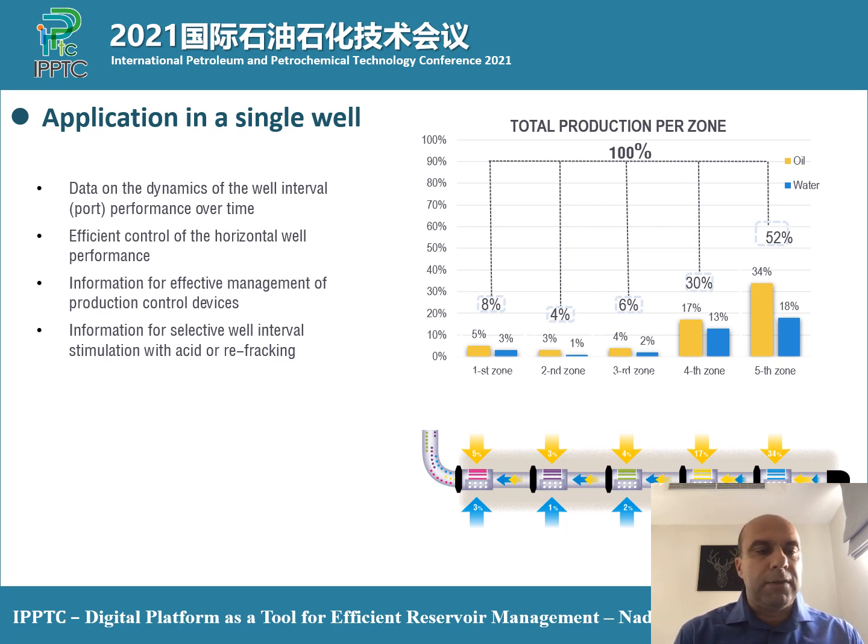So this slide shows the application in a single well. The key advantage of using inflow traces over conventional methods is the fact that it is interventionless, so you don't need any typical coiled tubing conveyed production logging tools to obtain production profiling.